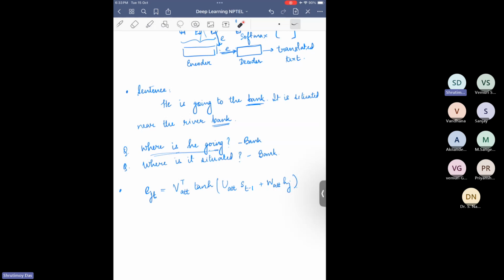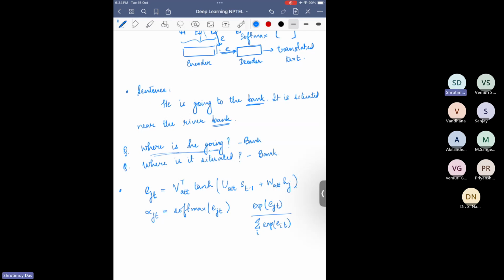So once we have this EJT, we perform a softmax over it. If you remember, softmax was basically exp of e to the power JT divided by the summation over all of exp of EIT.